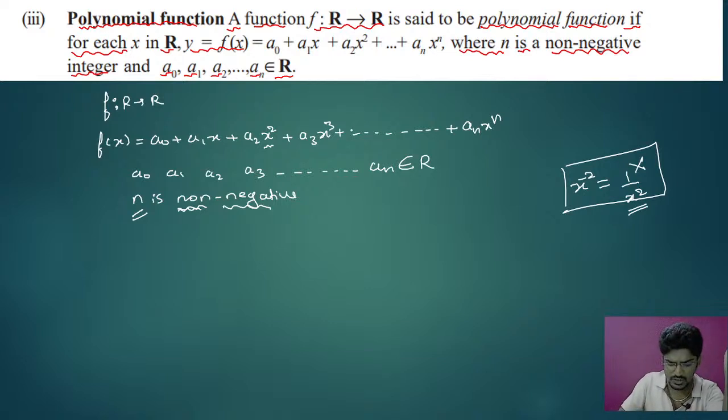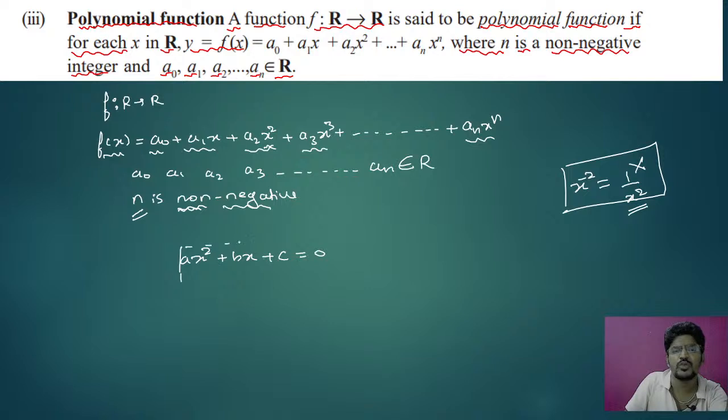Clear? So I think you have understood this, because already you all know that f of x is equal to a0 plus a1x plus a2x square plus a3x cube plus so on to an x raised to n is called polynomial, and you already know the idea of polynomial. Anyways, you have solved the algebraic equations like ax square plus bx plus c equal to 0.